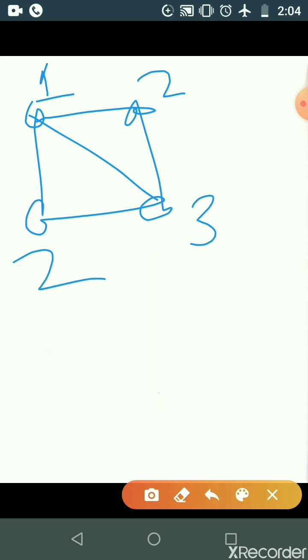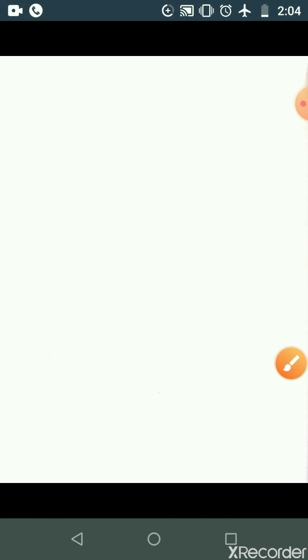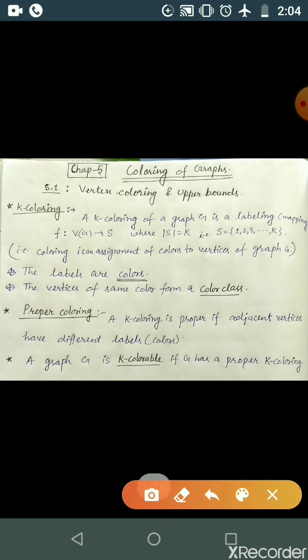Okay, so whenever the vertices A and B are adjacent, then A and B will be colored differently. In some books you will find this adjacency and different coloring in the definition of K coloring itself, but in this book it is given that K coloring is just using K colors to color the vertices of a graph.